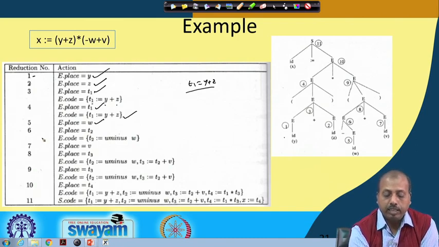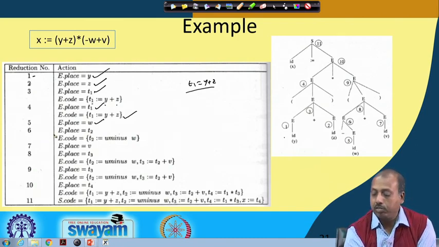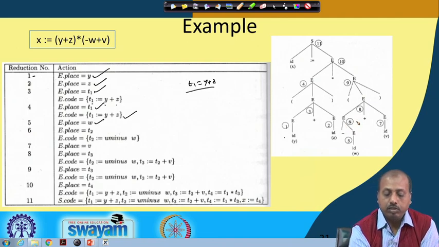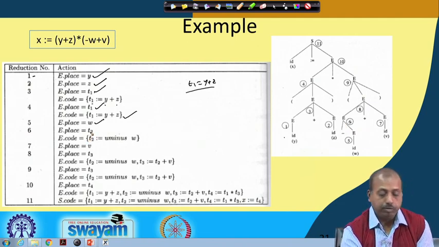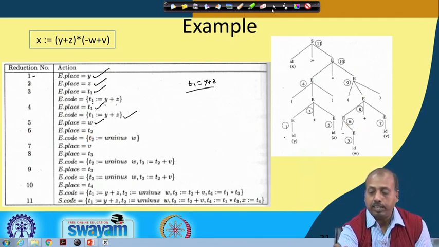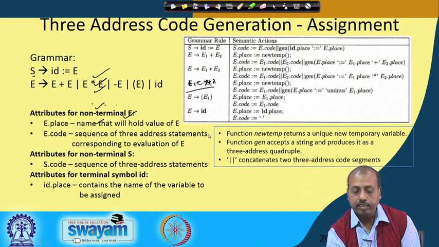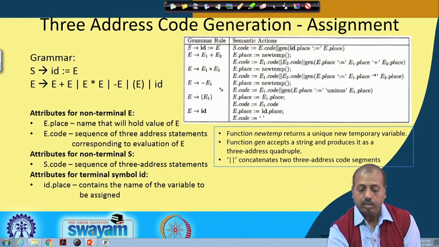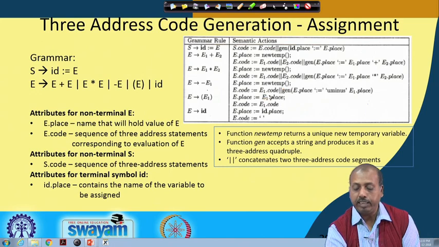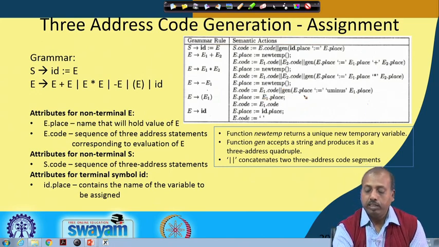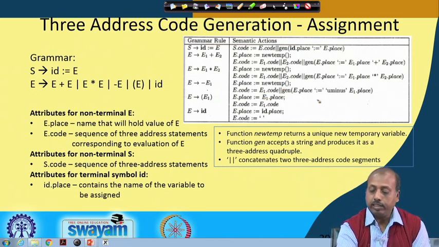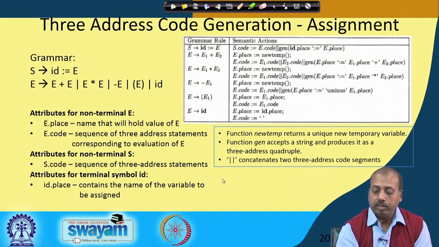Then at reduction number 6, it is unary minus. If you look into the action for this unary minus, it is written like E producing minus of E1. A new temp will be generated, and E1 dot code followed by the generation of this extra line.